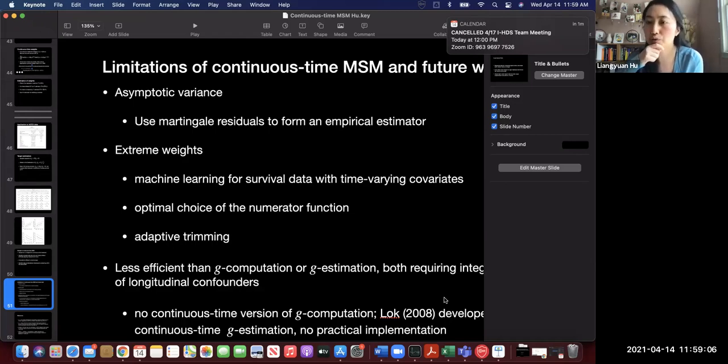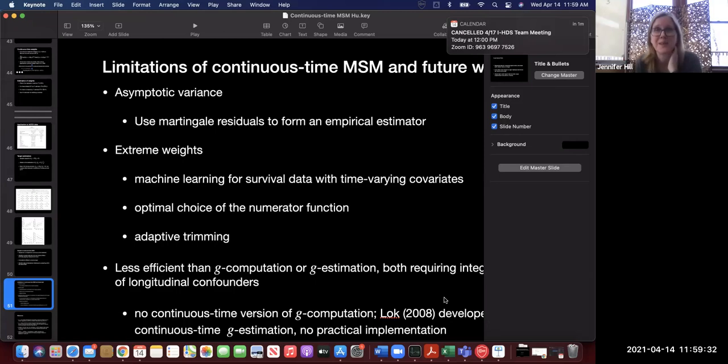I'm not sure if it's possible to derive a closed form of the G computation formula, and I haven't seen any literature on continuous time G computation or G estimation methods. So it's a pretty hard problem if we don't want to bin the time. Well, congratulations for taking it on.